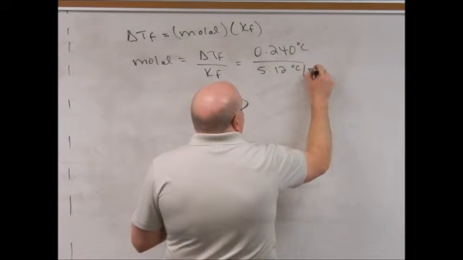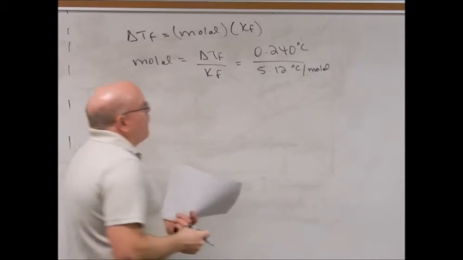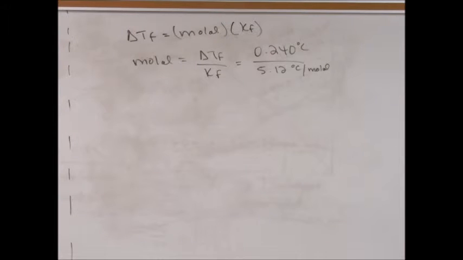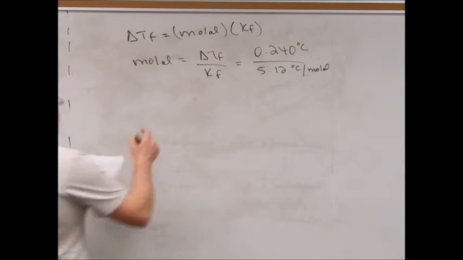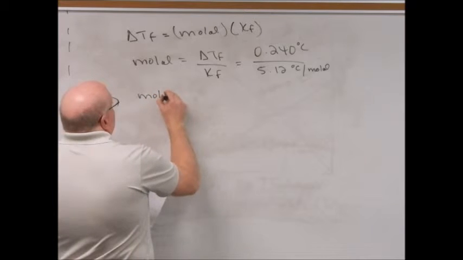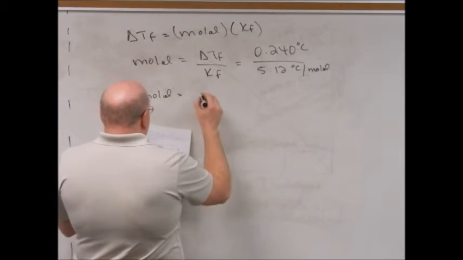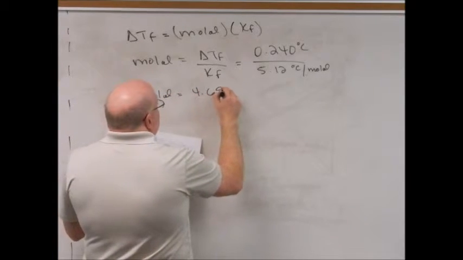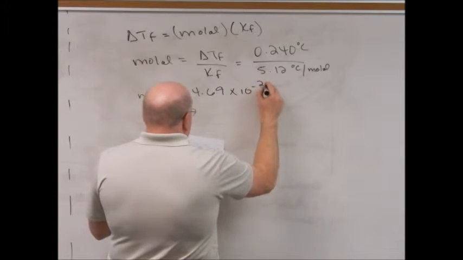You see, degrees centigrade go away. The molal becomes the unit that comes out of the expression. The molal of this is 4.69 times 10 to the minus second.